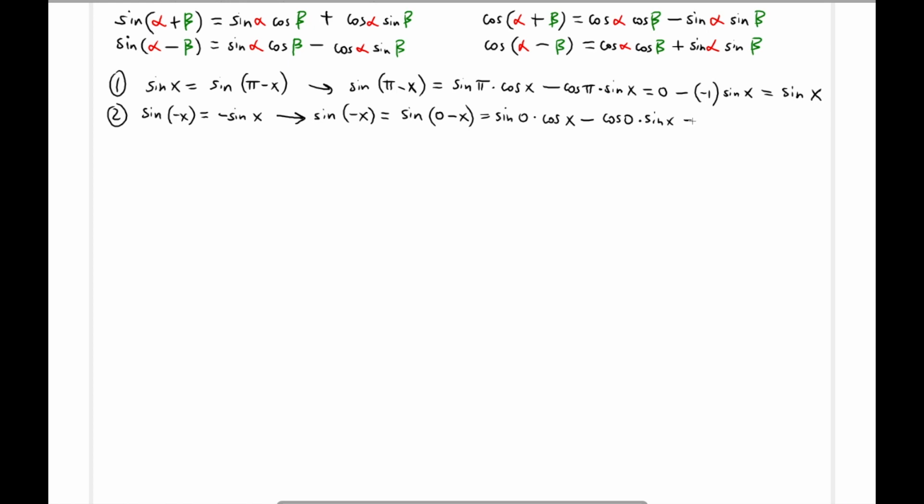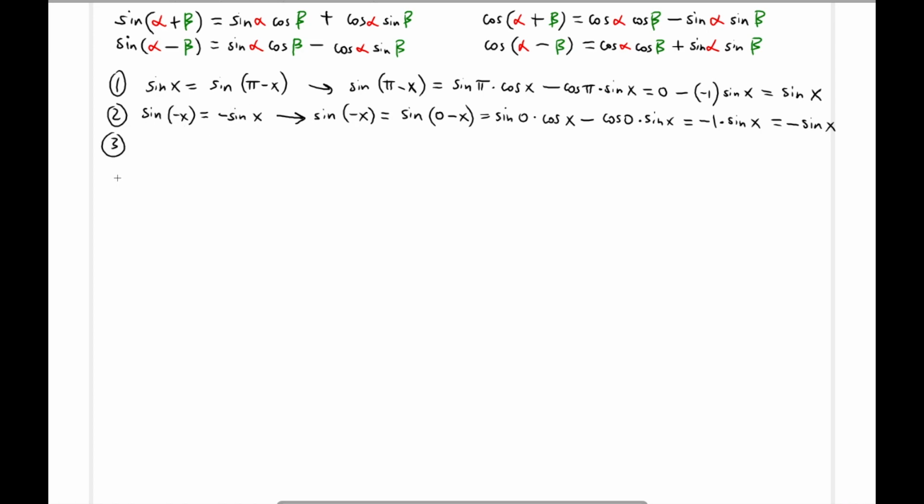Let's see what that gives us. We know sine of 0 is 0, this goes away. Cosine of 0 is 1, there's a negative, so -1 times sine x is negative sine x. So we proved that the left side is indeed equal to the right side.